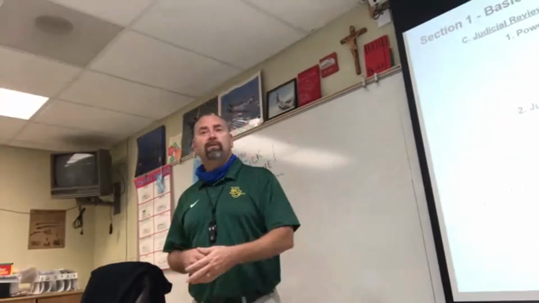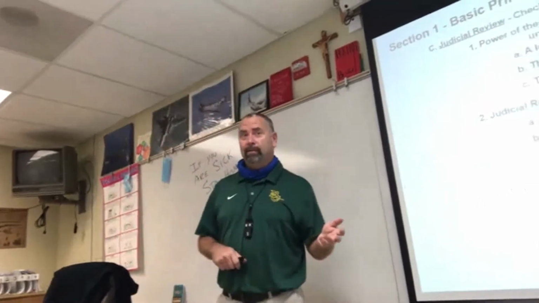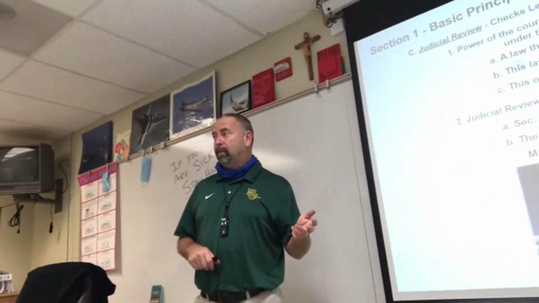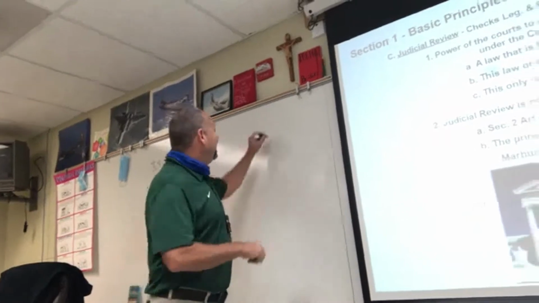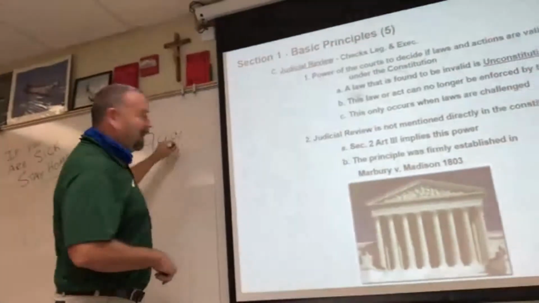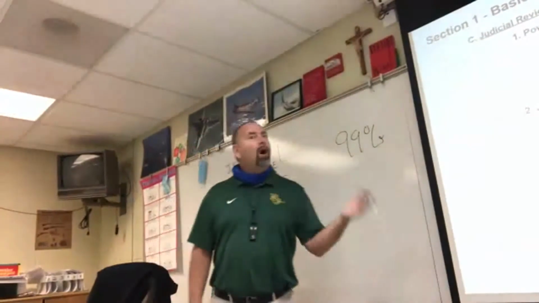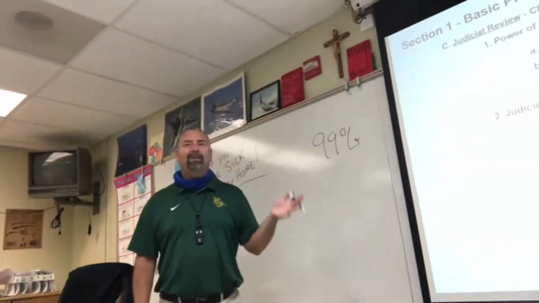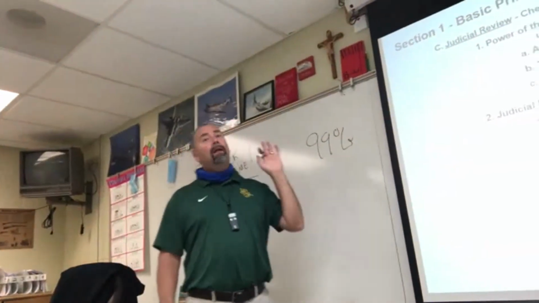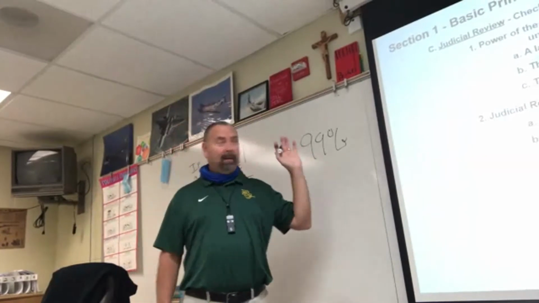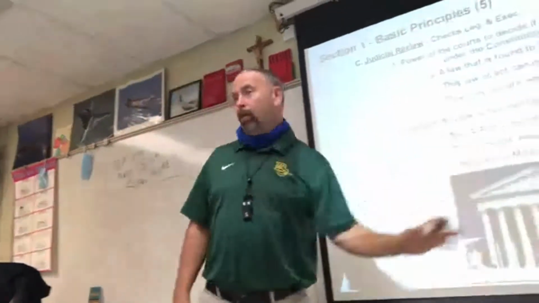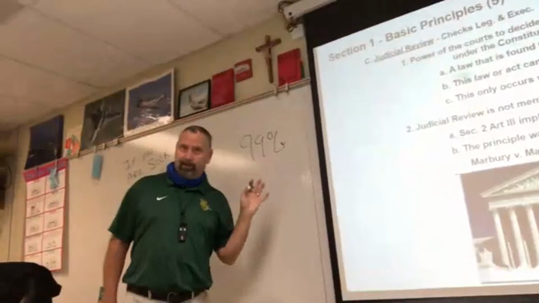But Congress agreed with Jackson. Does that make sense? 99% of the time, when the Supreme Court rules a law unconstitutional or an action by the president unconstitutional, that decision is followed, but not always.